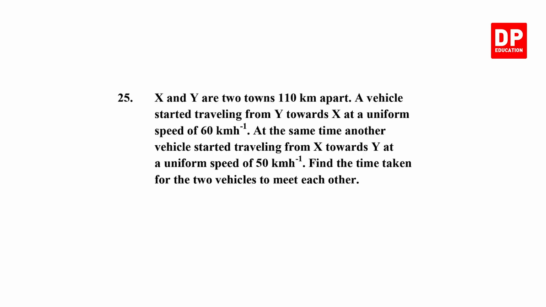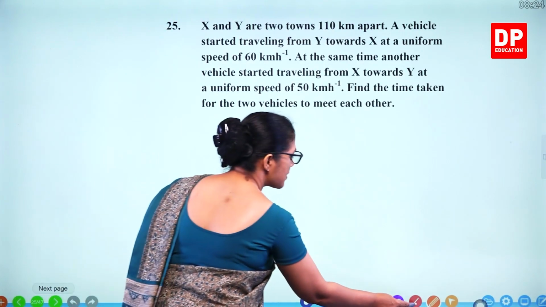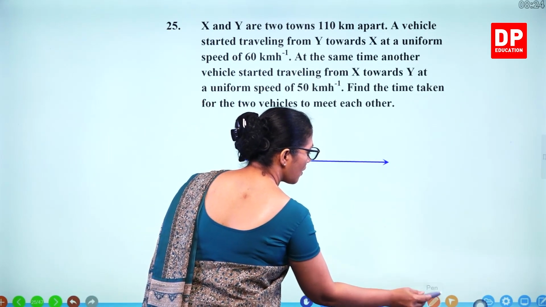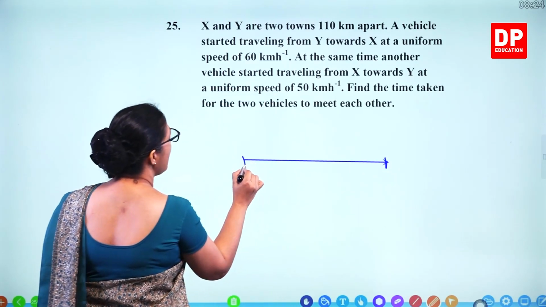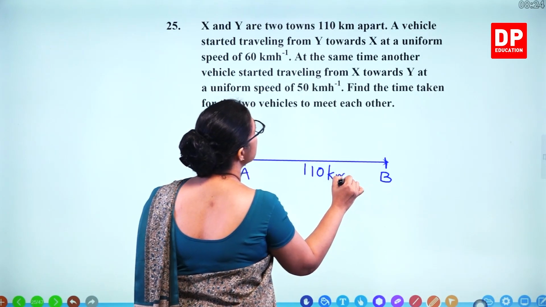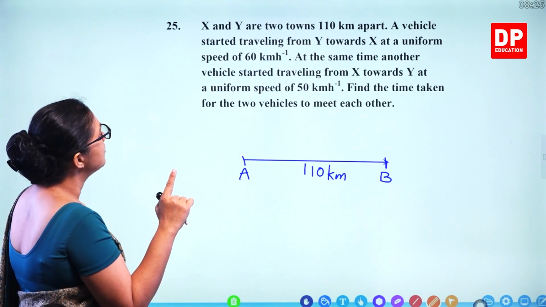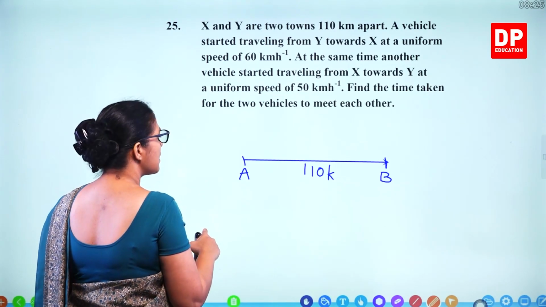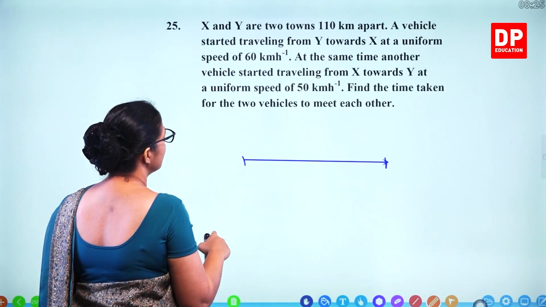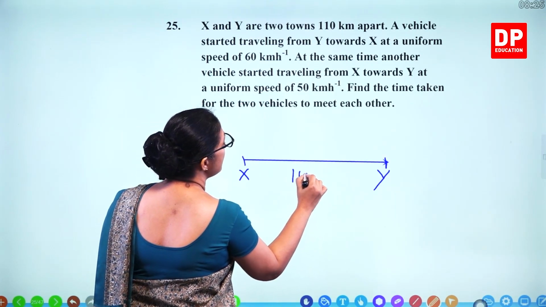Question number 25. X and Y are two towns 110 kilometers apart. This is X and Y, not A and B. X and Y, this is 110 kilometers.